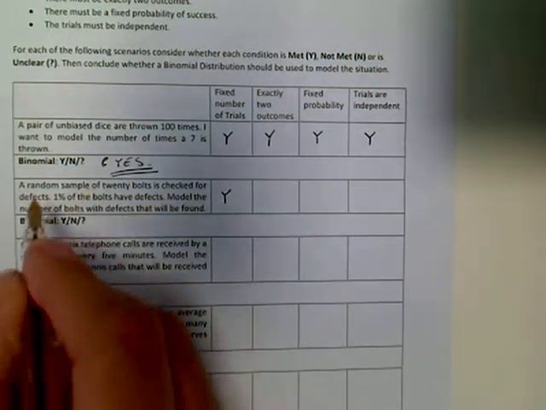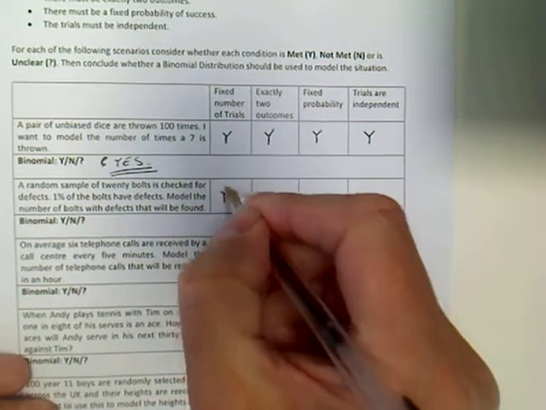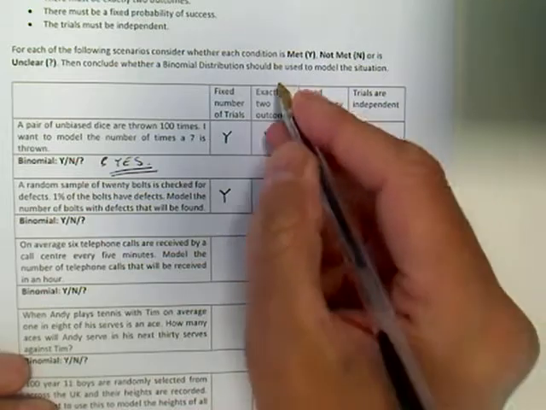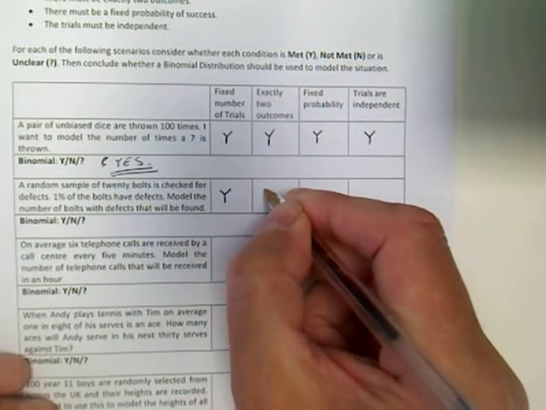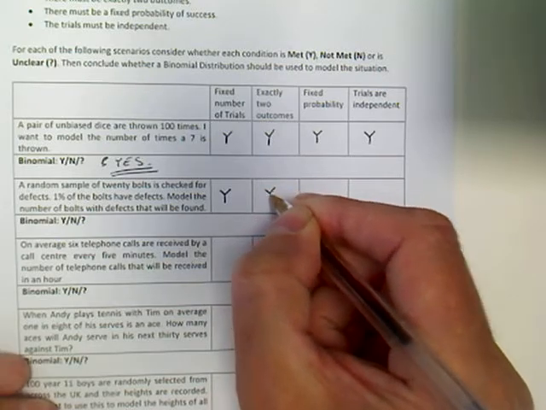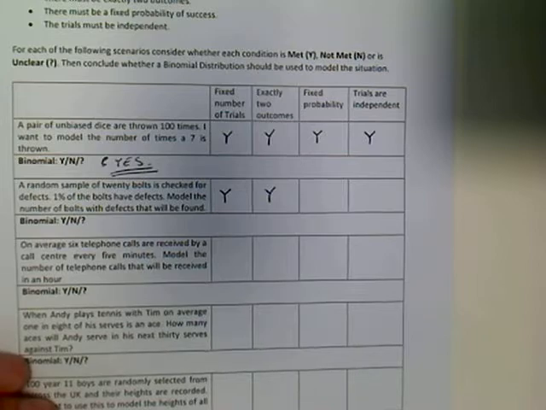Let me take this one step at a time. Exactly two outcomes: when we test a bolt it will either have a defect or not have a defect. So again, that is two outcomes.